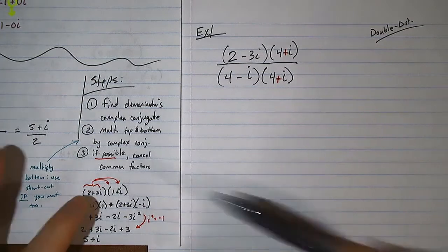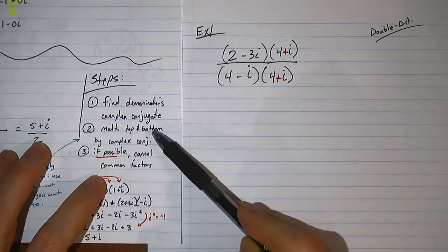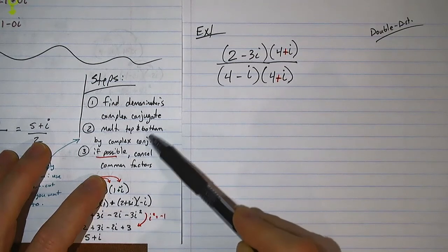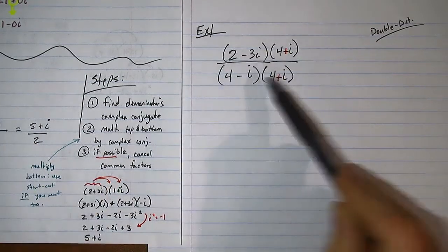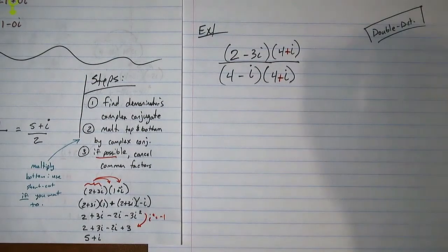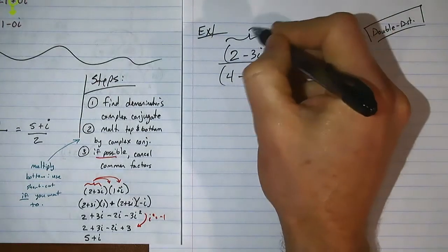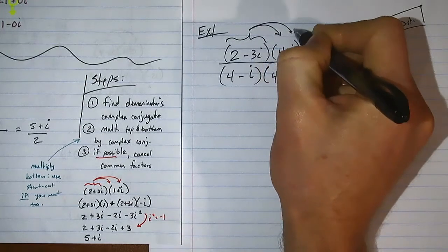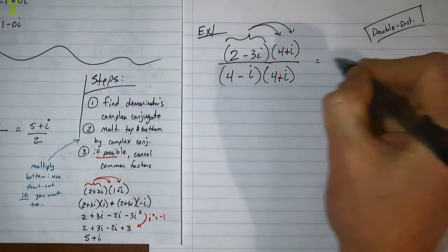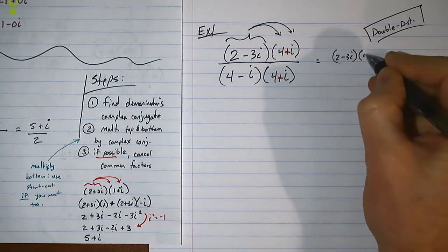Now, the next thing is the multiplication process. Remember, step 2 is going to be our longest step. This is where we're going to spend the vast majority of our time, multiplying these things out. For this particular example, I'm going to use double distribute as my method. In the top, I'm distributing the first piece to both of the second pieces.